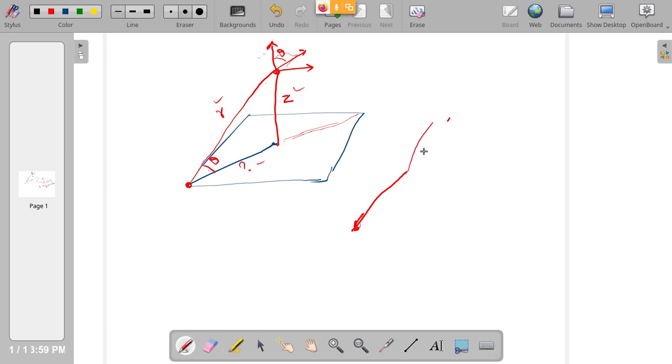So this is the electric field vector. I'm not able to draw straight now. Okay, maybe this is the electric field vector, right? E vector, and your angle is with respect to the base diagonal.